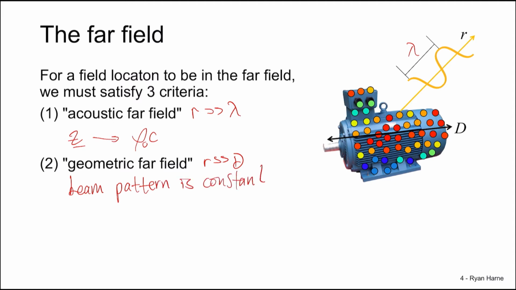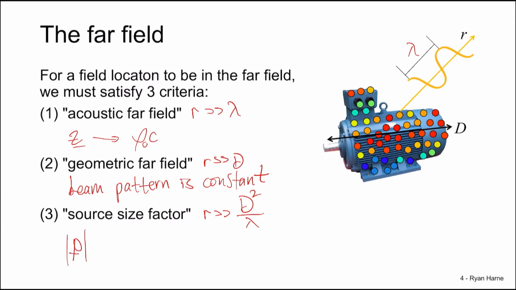And finally, we must satisfy the third criterion, which is the source size factor. The radial distance r must be much greater than the ratio of the characteristic dimension d squared divided by the wavelength. This assures that pressure amplitude decreases in proportion to 1/r.